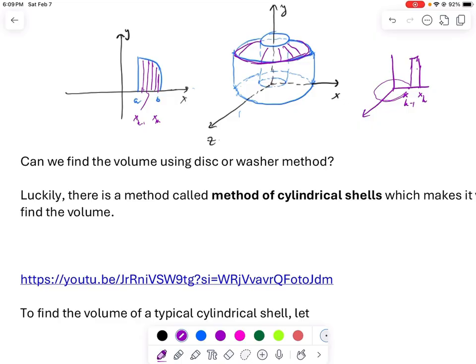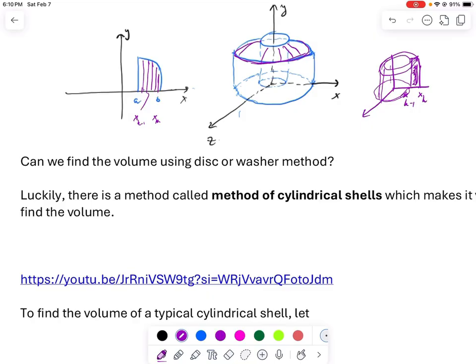That's what we call a cylindrical shell. Not a good drawing, but I hope you can understand what I'm trying to do. This shaded strip gives us a cylindrical shell.